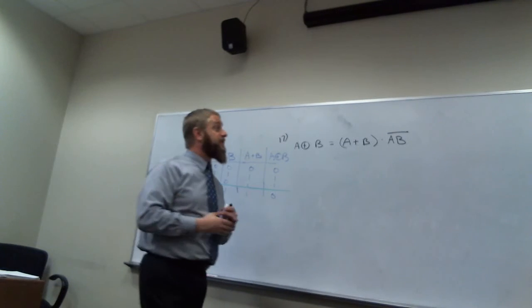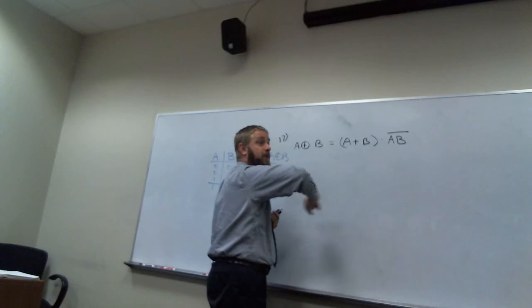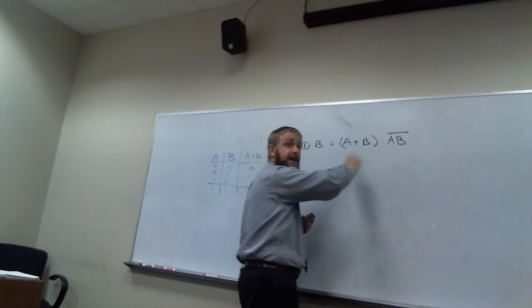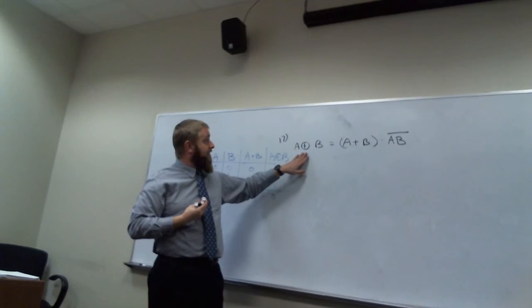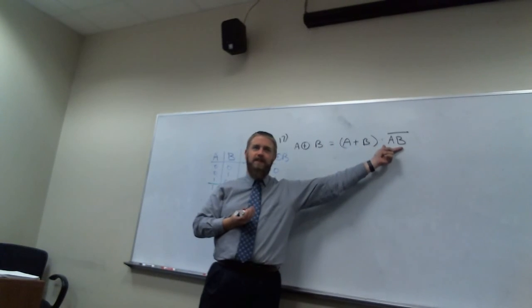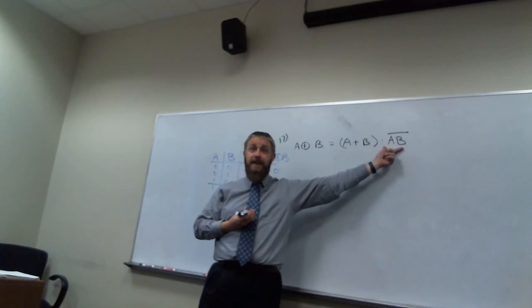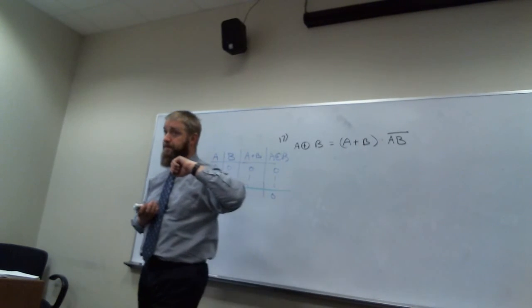These two are the same thing. What you're saying is exclusive OR is the same as regular OR if you preclude the A and B case. Exclusive OR and regular OR are the same as long as you don't allow for A and B. So these are actually the same.